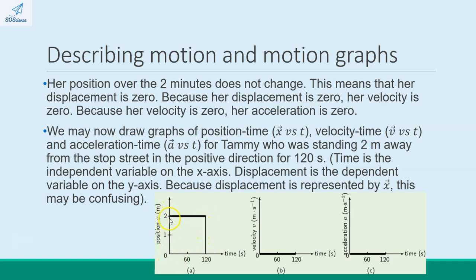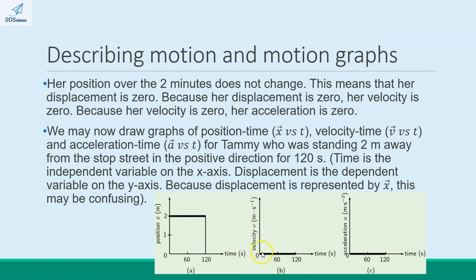So at time 0, she's 2 meters away from the stop street. After 60 seconds, she's still 2 meters away from the stop street. And after 120 seconds, she's still 2 meters away from the stop street. This line over here does not need to be shown, but sometimes it just helps us to align the end of the time interval with a graph line.